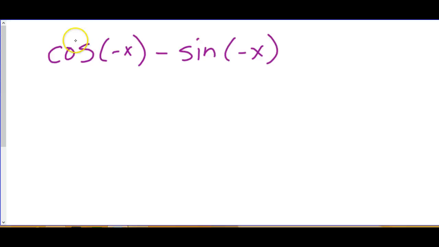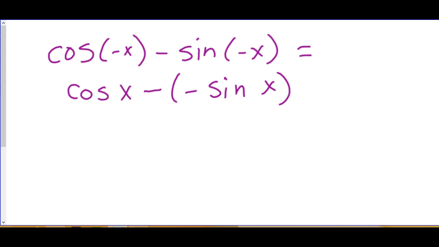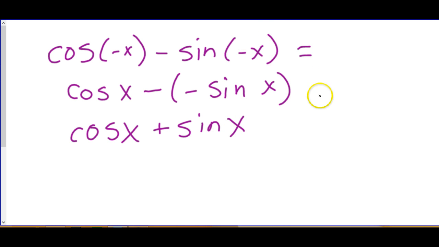Cosine we said was even, so cosine of negative x is just cosine of x. Sine of negative x was negative sine of x. So we get cosine x plus sine x. So that one we just simplified.